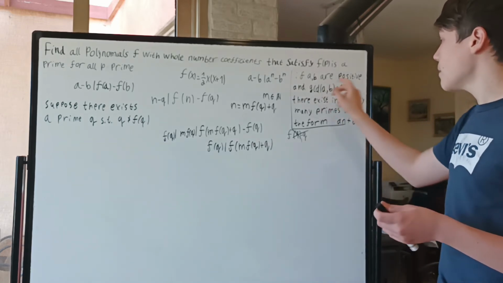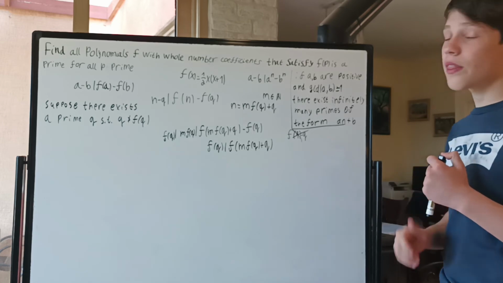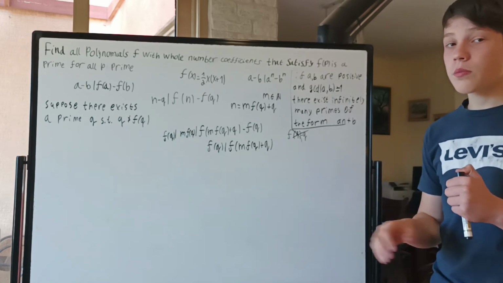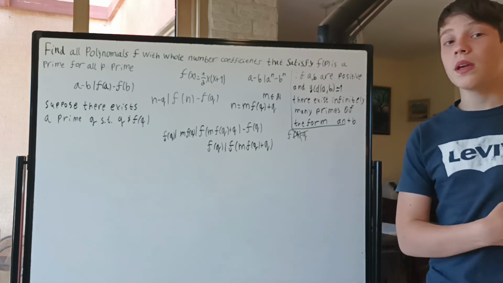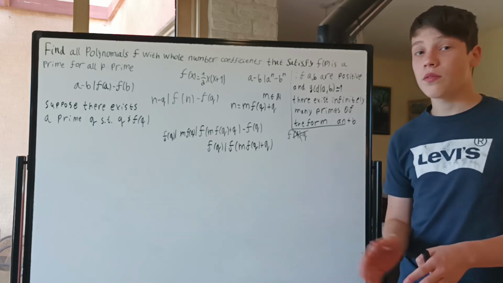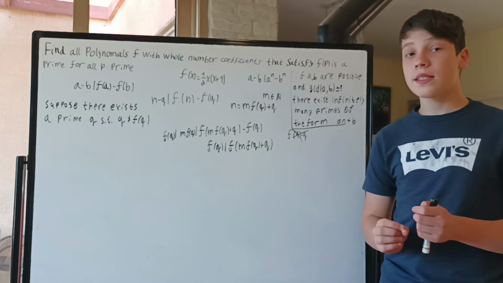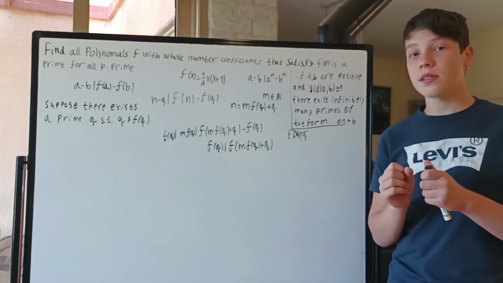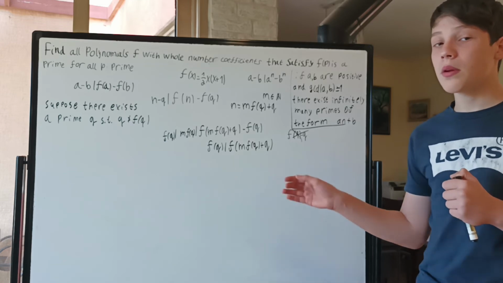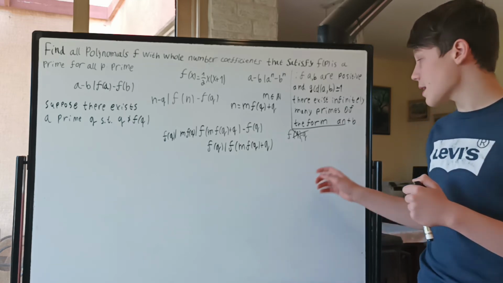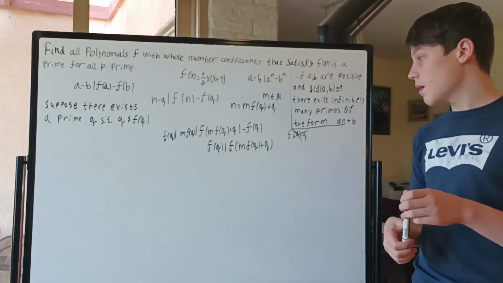So if a and b are co-prime, then from this list of numbers, a plus b, 2a plus b, 3a plus b, and so on, this infinite set of numbers, there exists an infinite subset that are just primes. There are an infinite amount of primes that can be described as an plus b.